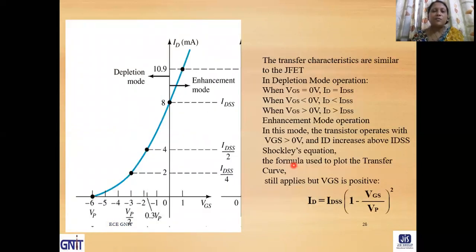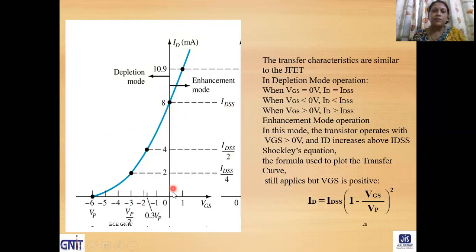So this is the transfer characteristics, similar to JFET and enhancement type MOSFET. This depletion mode MOSFET follows Shockley's equation just like a JFET. When VGS equals 0, ID equals IDSS. At this point, when VGS is less than 0, ID is less than IDSS.